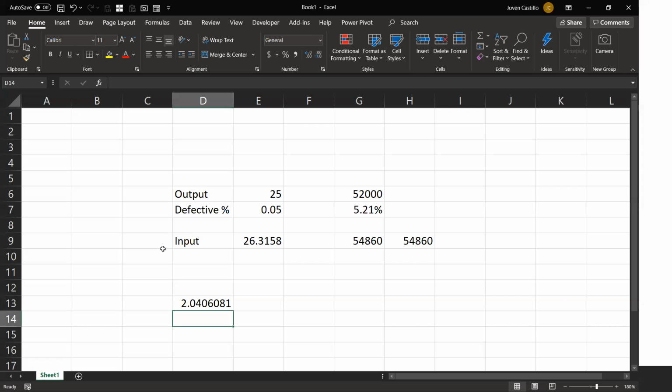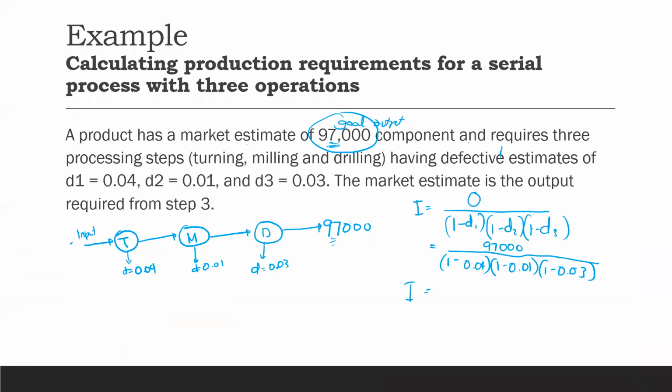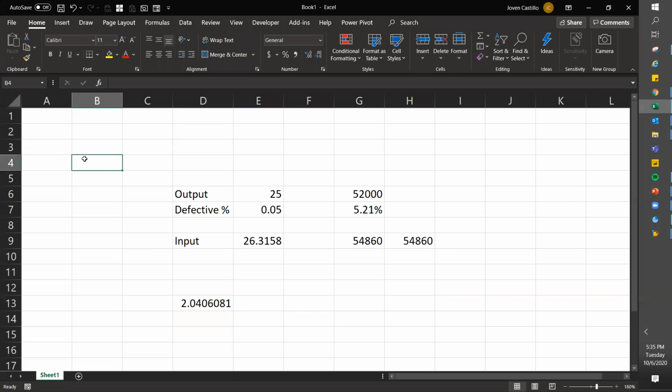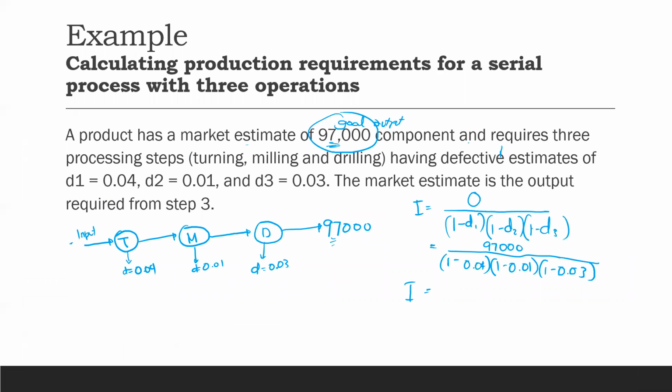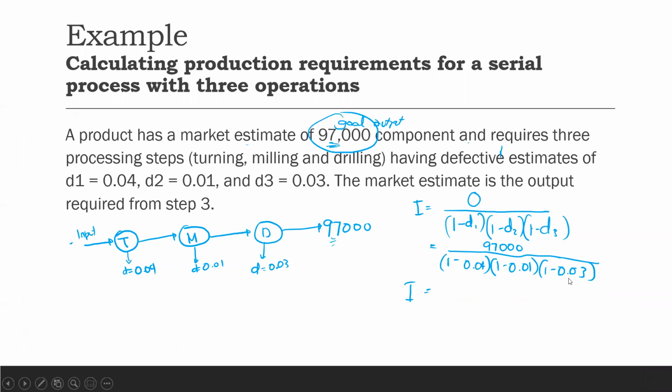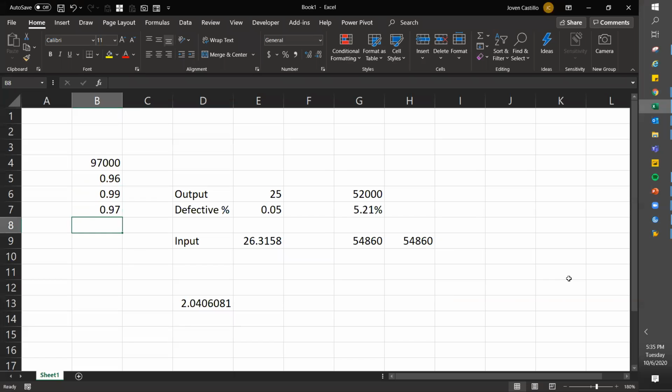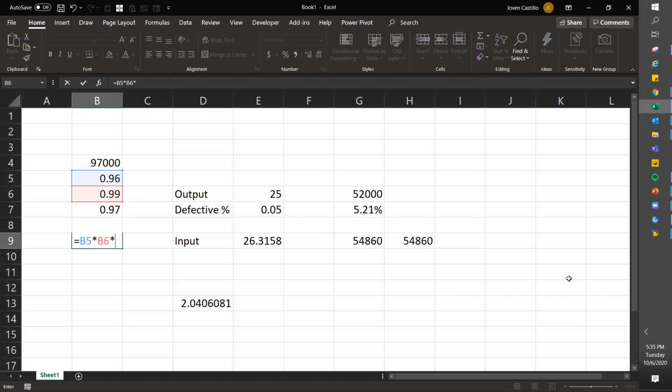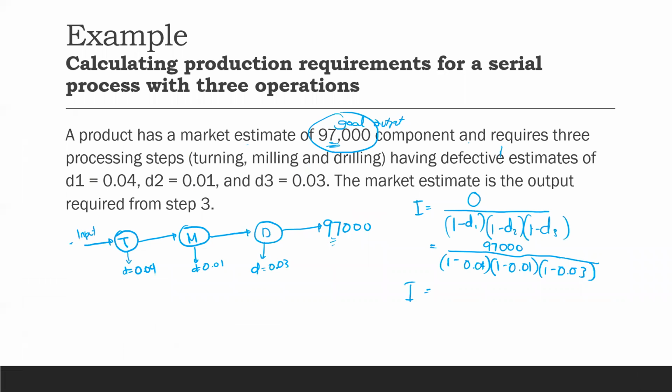Okay. So, tingnan lang ulit natin. So, I have here 97,000, 0.96, 0.99, and then ito po, 0.97. So, what I'll have to do is multiply ko lang tong lahat ng yan. And then, ito ay i-divide ko dito. So, therefore, I need 105,019 pieces.